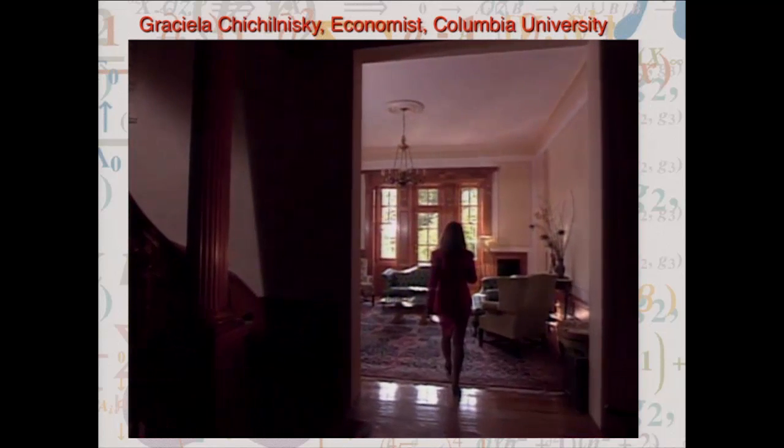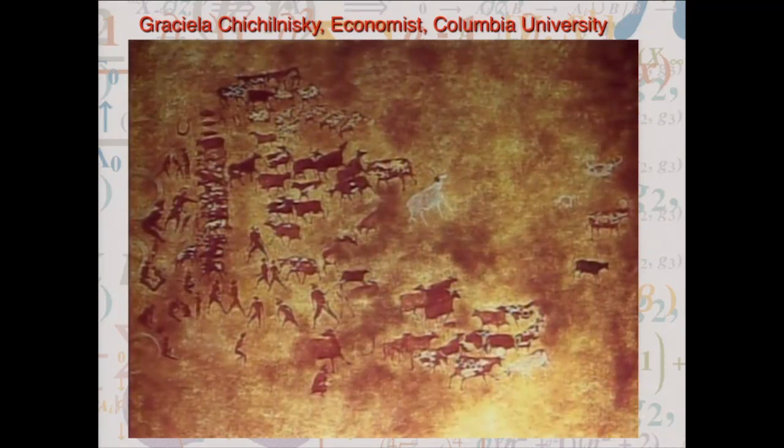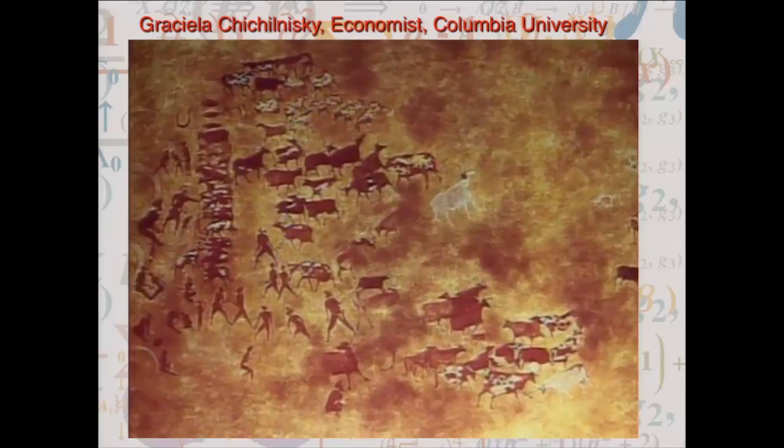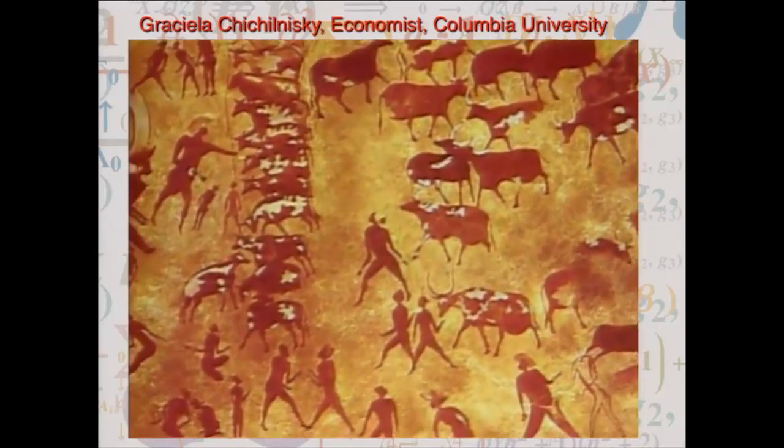There have been three great eras in human history. And in each era, humans relied on different resources for survival. In the first era, humans were hunters and gatherers. They relied on physical strength and their ability to find food.